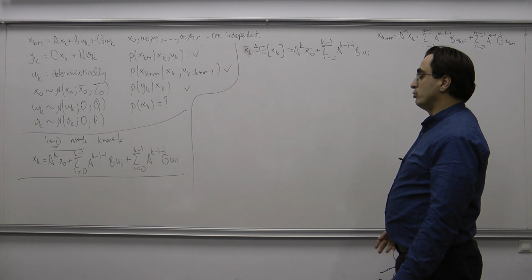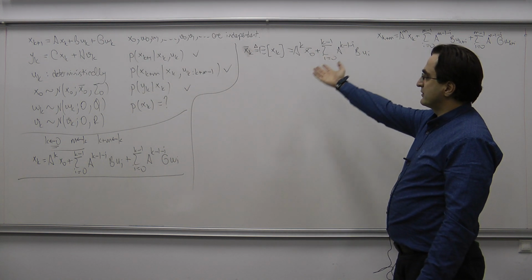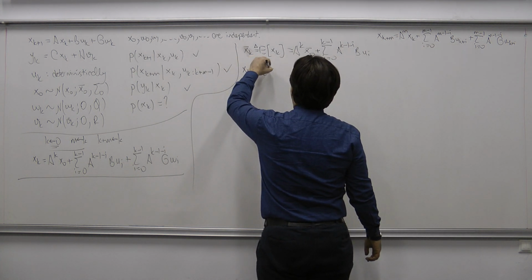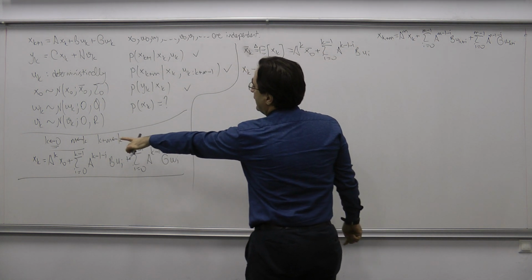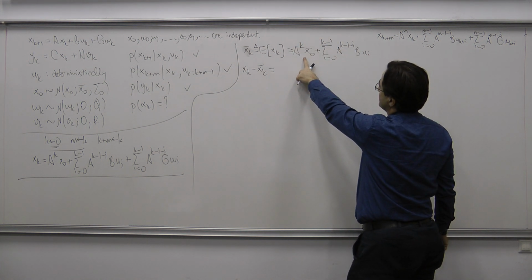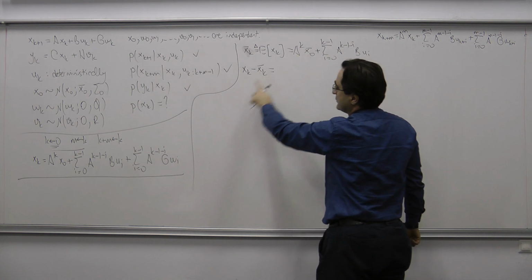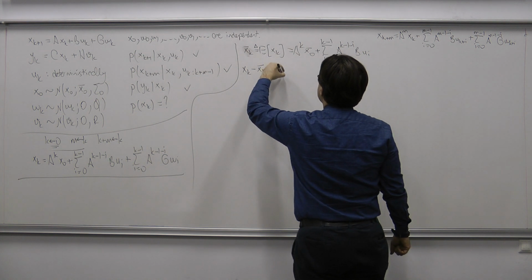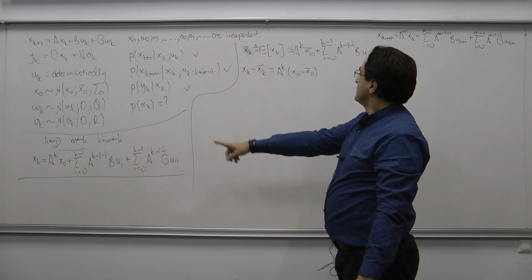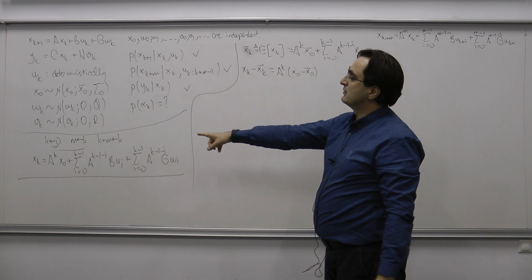Now I can calculate the covariance of xk. In order to be able to do that, I will subtract the mean of xk from xk itself. That is going to be xk minus xk bar, which is going to be, I have this a^k x0, and I will subtract these terms from xk. So if I subtract a^k x0 bar from a^k x0, I will get a to the k times x0 minus x0 bar. And those input terms are deterministic, and these terms are going to cancel those.